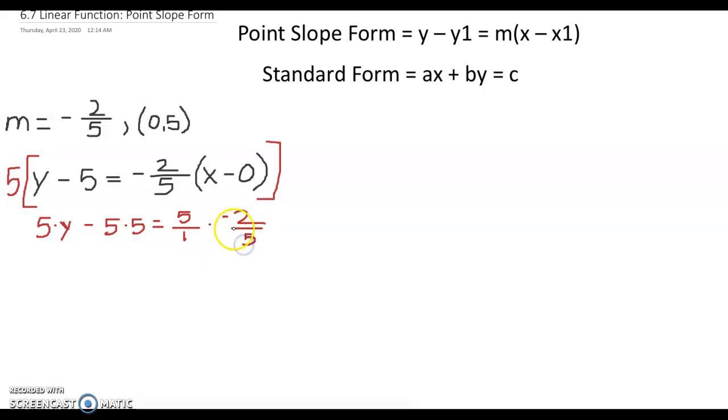So you can kind of see what I'm talking about. Now we're going to answer the question. We're going to have now 5y minus 25, 5 times 5 is 25, equals, now when we do this, remember we got to cancel it out. These two cross cancel. Negative 2.